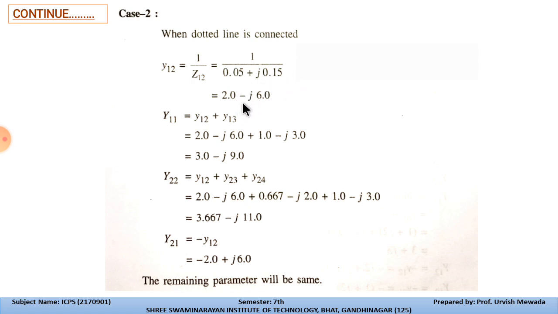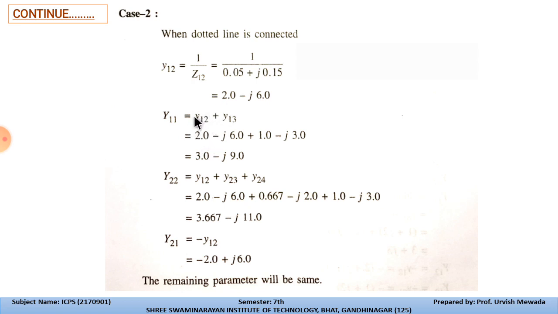So y12 is 2.0 minus j6.0, and y11 will become, now in the previous case y11 was y13. So now if the link number 2 is added, meaning between 2 and 1 is added, y12 will be added in y11.